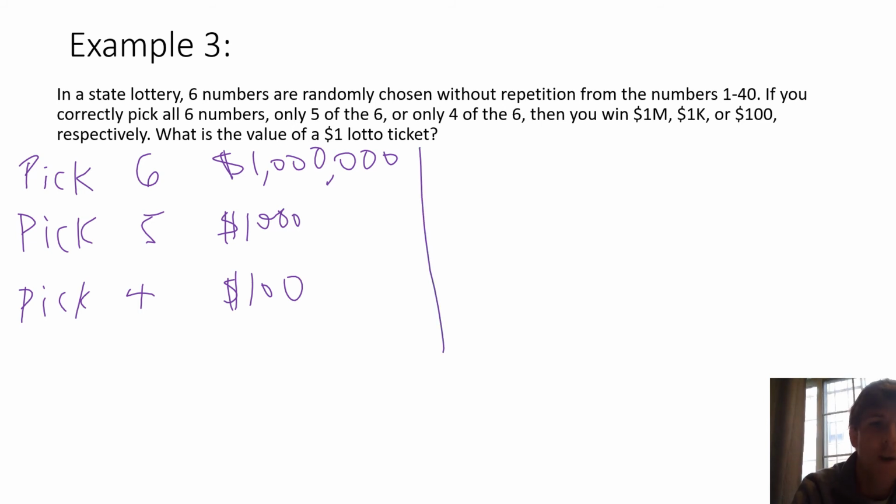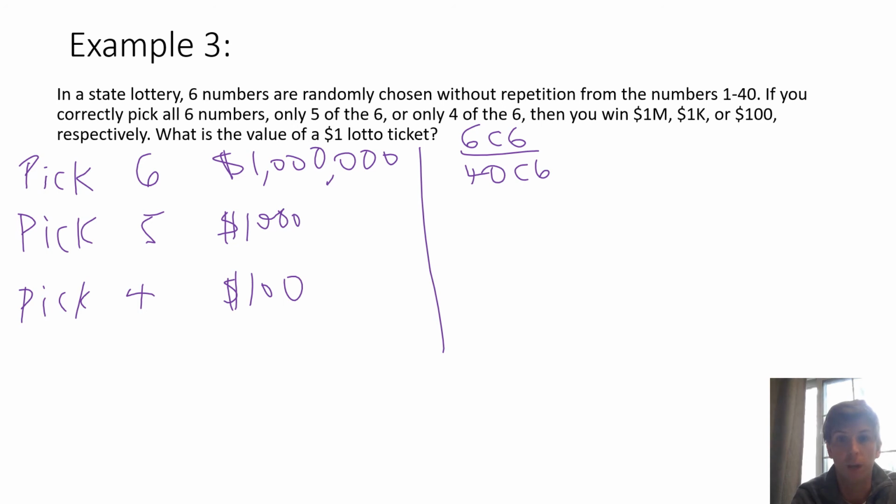So the probability of picking 6 here, I'm just going to use those combinations. The total number of ways to pick 6 from 40 is 40 choose 6. And the numerator there is just going to be 1, which will give us a very small number, 0.0000026.